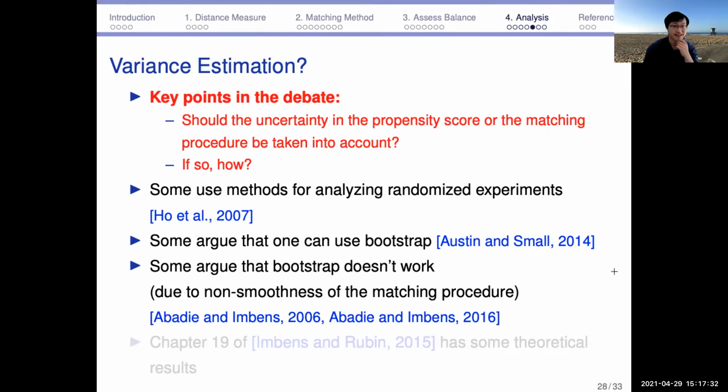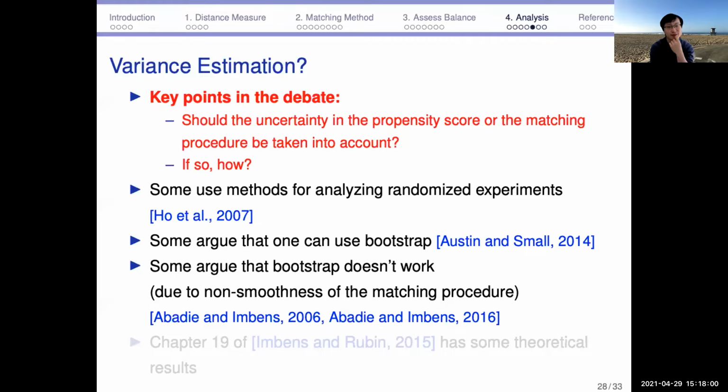Now, some argue that bootstrap doesn't work in this situation. Why doesn't it work? Because of the non-smoothness of the matching procedure. If you have looked into the theory of bootstraps, you will see that the asymptotic theory for bootstrap requires the functional that you're bootstrapping to be smooth.